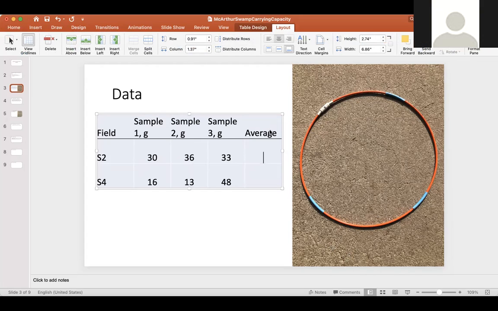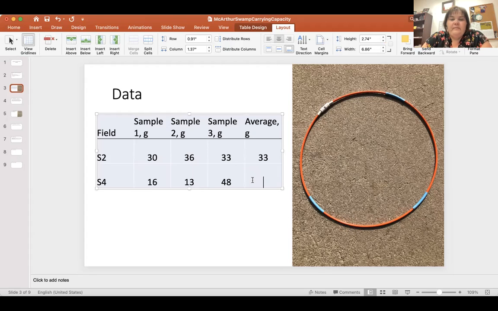The average of S2 would be 33. Okay, 33 grams, great. And then the average for S4 is 25.67.